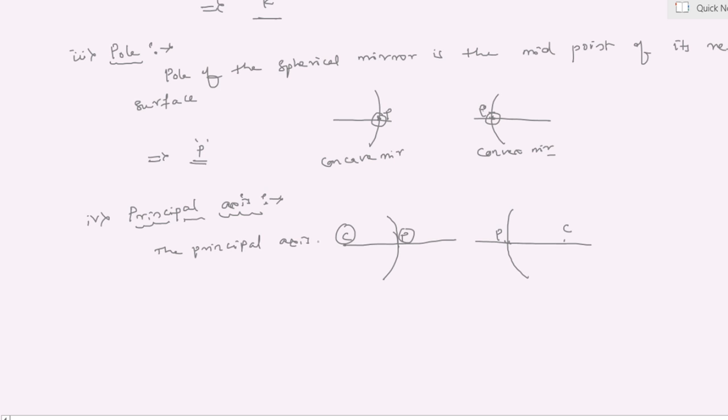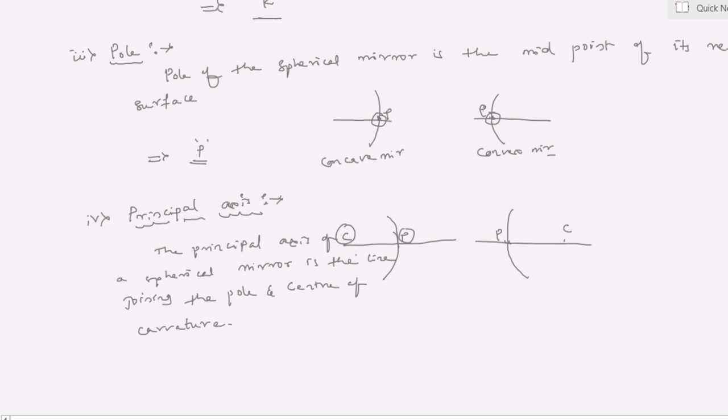Yes, the principal axis of a spherical mirror is the line joining the pole and center of curvature.